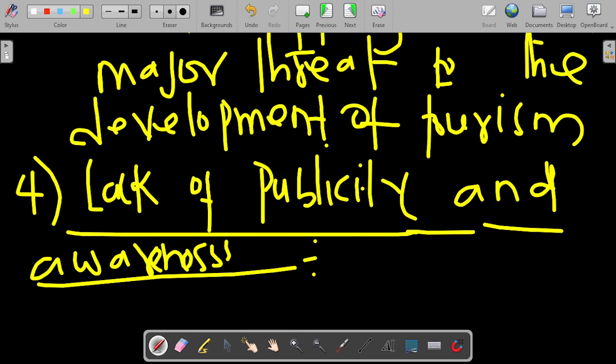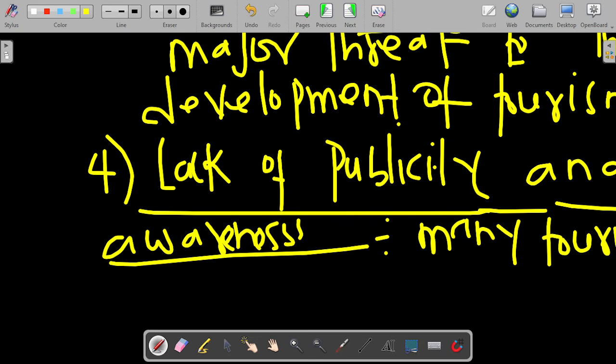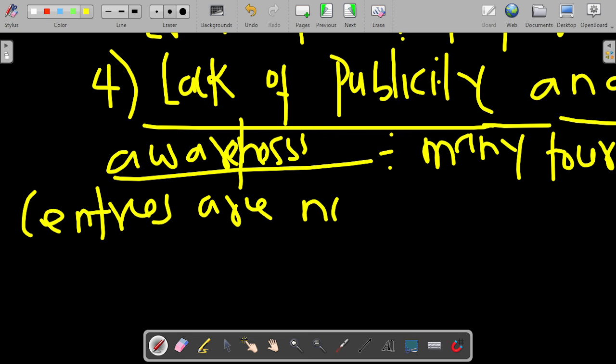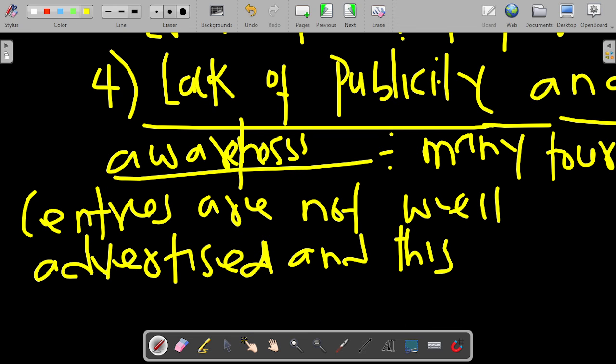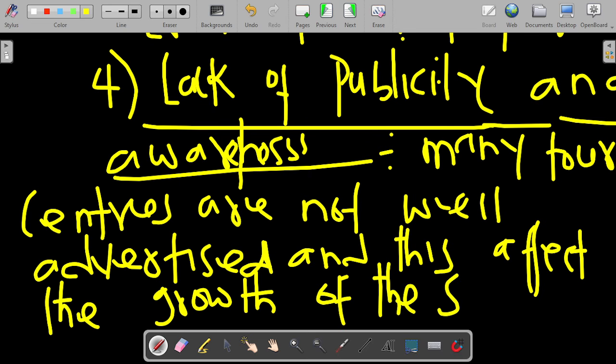So many tourist centers are not well advertised, and this affects the growth of the sector.